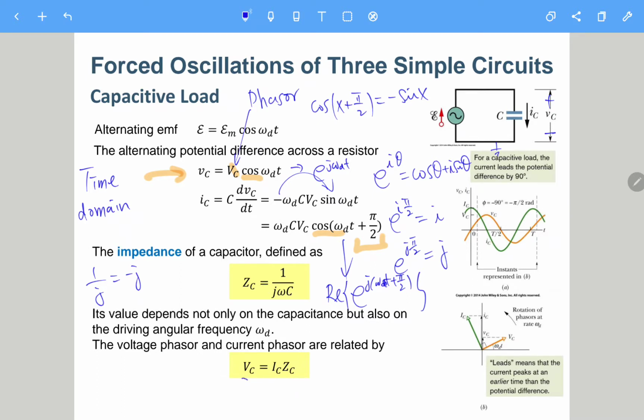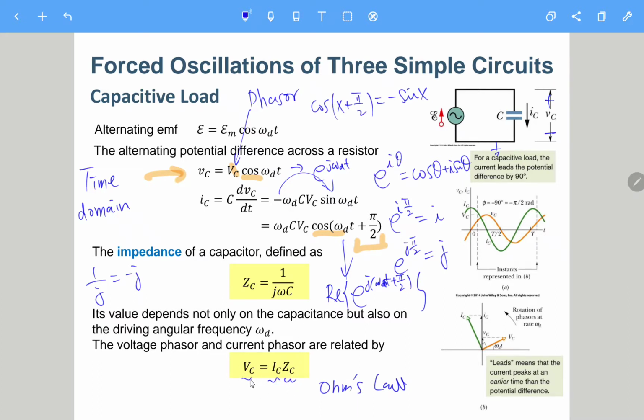So we will define it like this, and then we can have a simple expression as V_C equals I_C times Z_C. So the point here is to make it like Ohm's law. But we need the definition of the impedance, and also the phasor. So this is the phasor of the voltage across the capacitor, this is the phasor of the current of the capacitor, and this is the impedance of the capacitor.